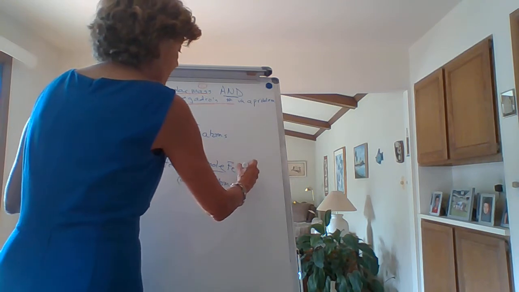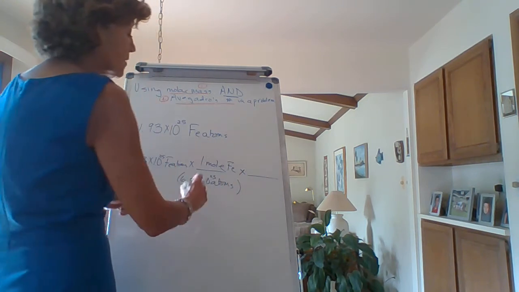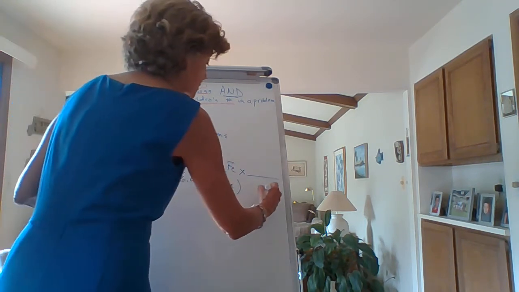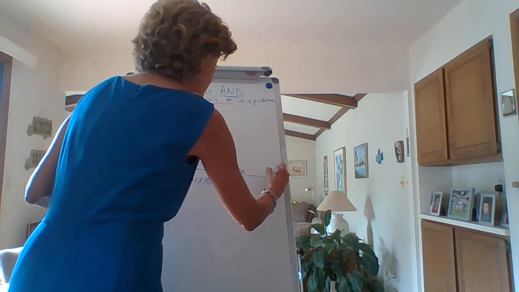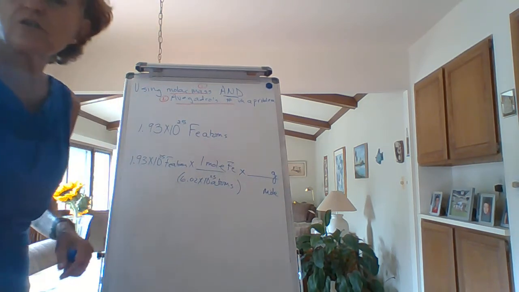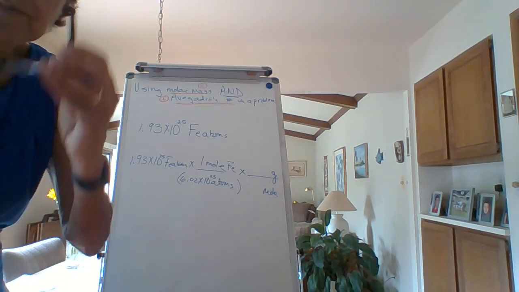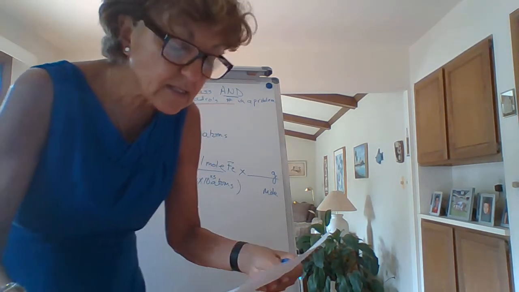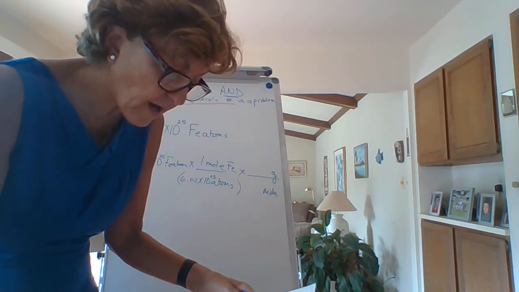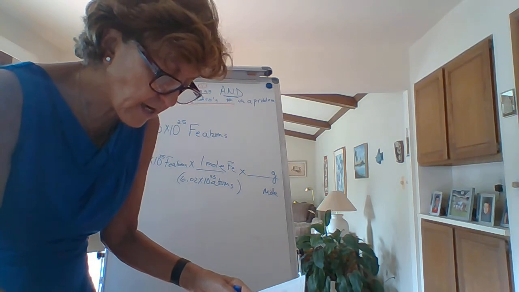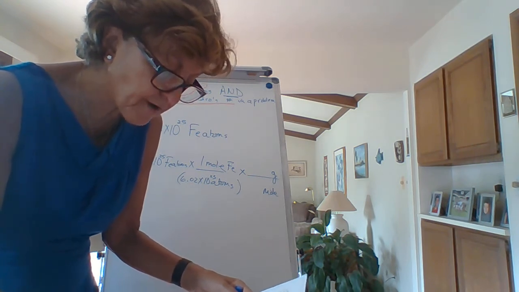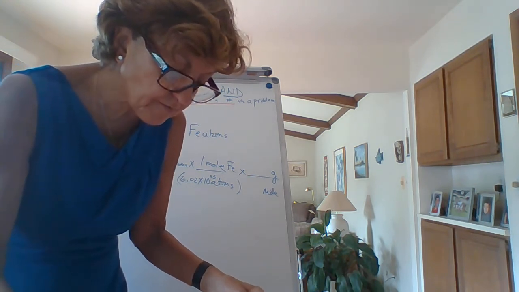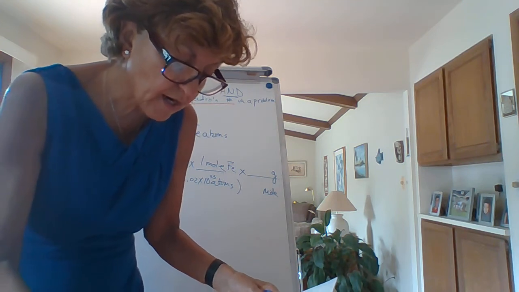Once we do that, in order to go from moles to grams, we're going to put moles here and grams here. We're going to need to go to the periodic table and look at the mass of a mole of iron. So I see here it's 55.85. I'm just going to round it to 55.9 grams.